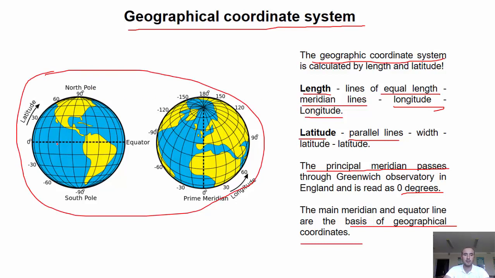For example, parallel lines mean latitude, and equal length meridian lines mean longitude, and there are two poles, for example the north and south pole, and there is the prime meridian, which means 0 degrees.